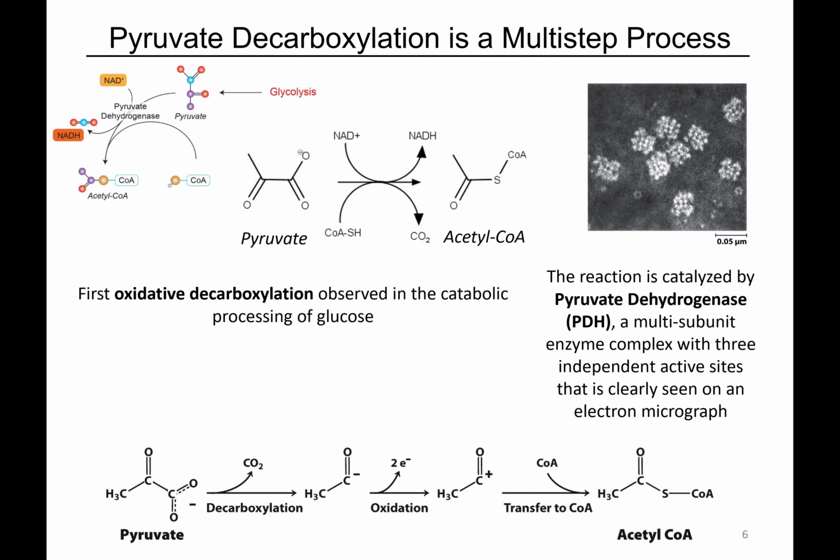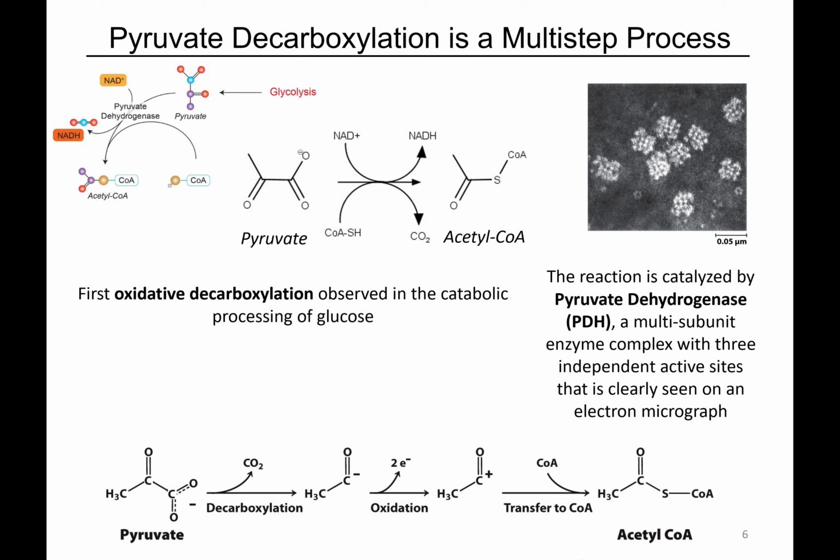So if we think about the overall chemistry that has to happen to oxidatively decarboxylate pyruvate, right? We start with pyruvate. Decarboxylation of pyruvate produces carbon dioxide. So this carboxylic acid carbon gets oxidized, and as a result, what was the alpha carbon, this carbon, gets reduced.